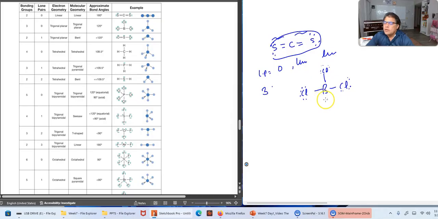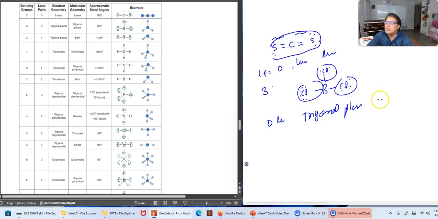If the central atom has 0 lone pair and 3 bonding groups, 1, 2, 3, then the lone pair equals 0. At the center atom, it doesn't have a lone pair. So in this case, the structure is trigonal planar.